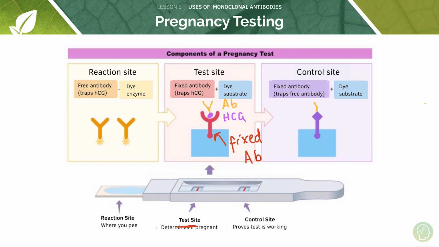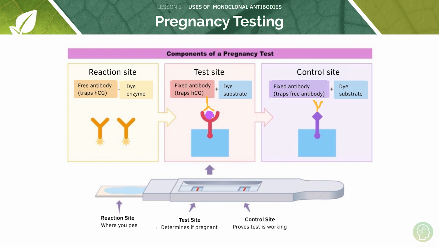Or actually, I could have drawn this a lot better. If I just go back, I should have really drawn your HCG in there. So that's your HCG, that's your antibody. Whereas here we're going to be getting our free antibody with no HCG attached.